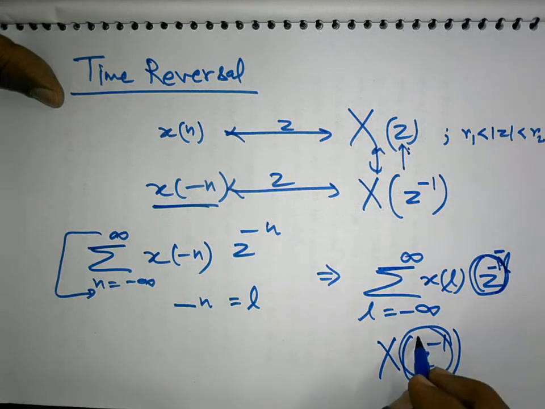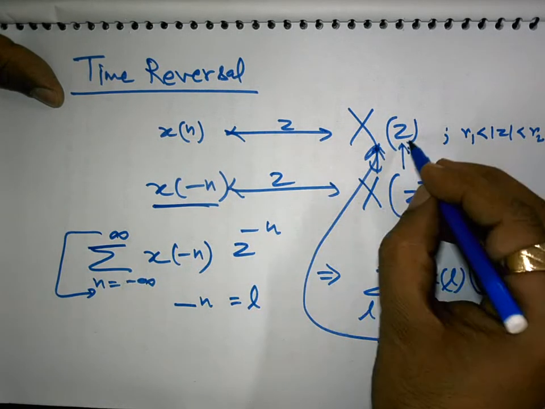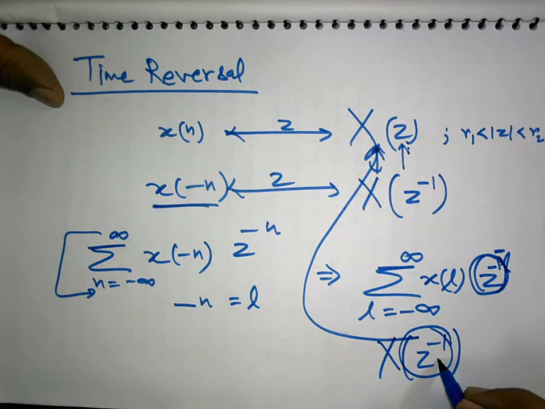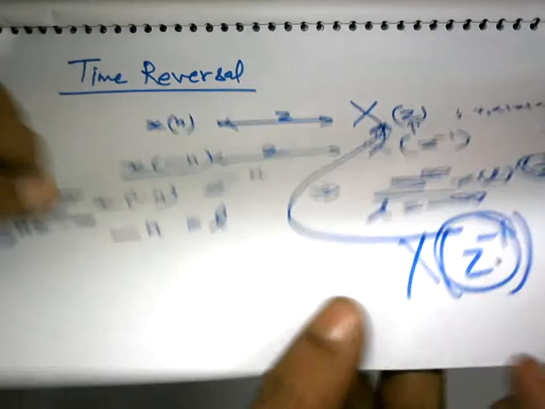What it explains is that every z in this expression is replaced by z inverse. So, this way you can evaluate the z transform of the folded version of the signal.